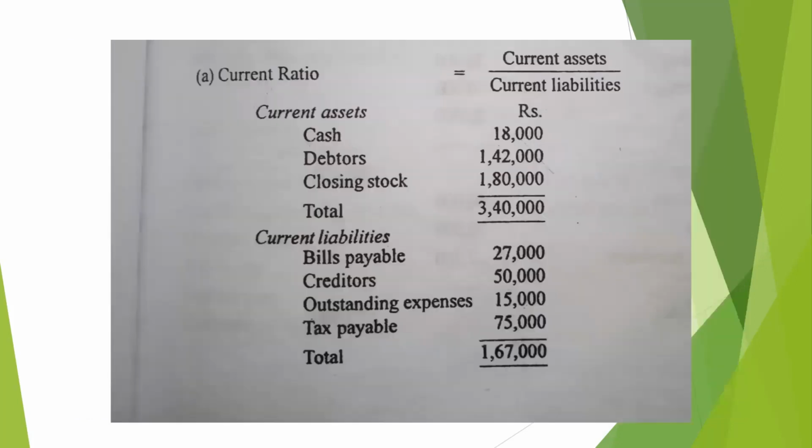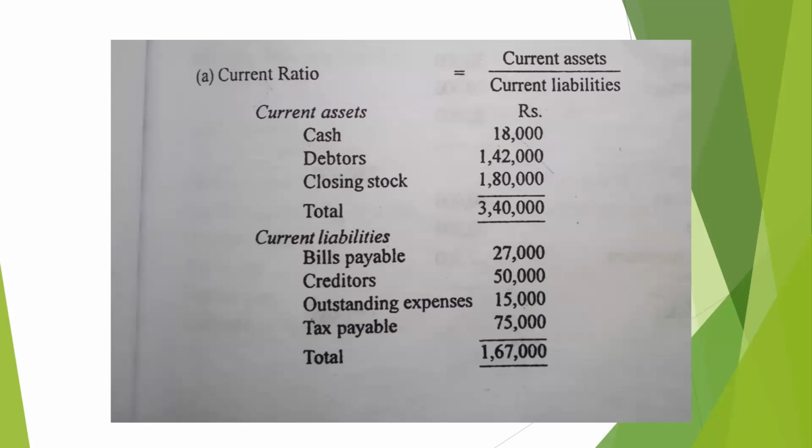So the formula for the current ratio is current assets divided by current liabilities. There are three items in the current asset: cash, debtors, closing stock. The total of current asset is 3,40,000. Then bills payable, creditors, outstanding expenses, tax payable, all are under the current liabilities.